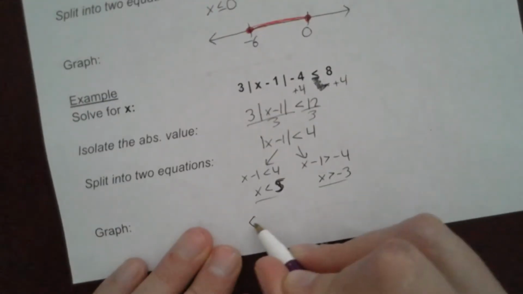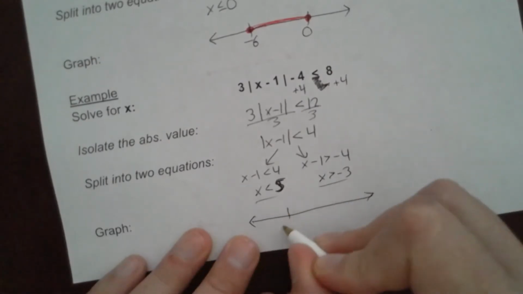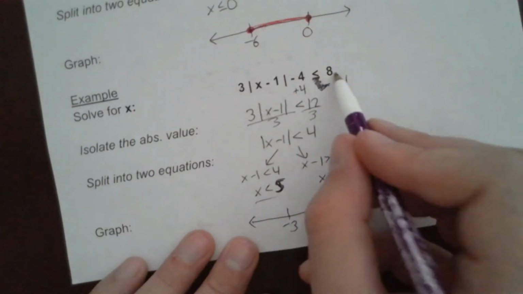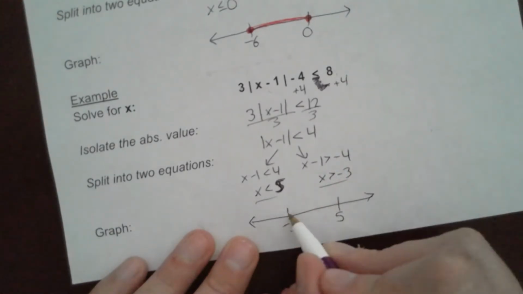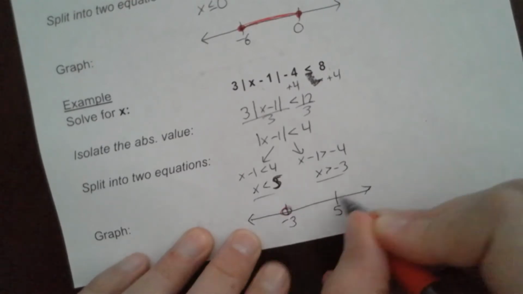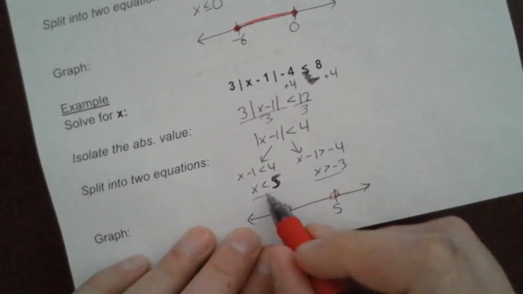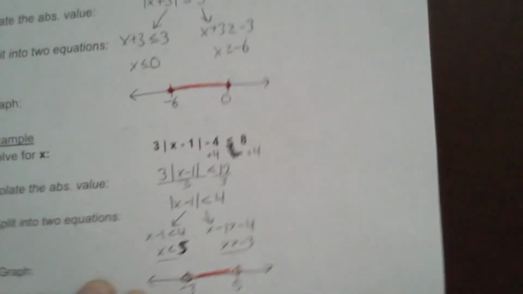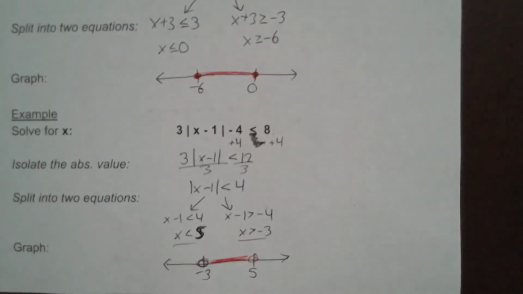Now we can graph. We can put -3 on there and 5 on there. Our distance is less than, so we know we're going to be in between. We're less than 5, greater than -3, so we're in between there. Pretty simple, not too tough.